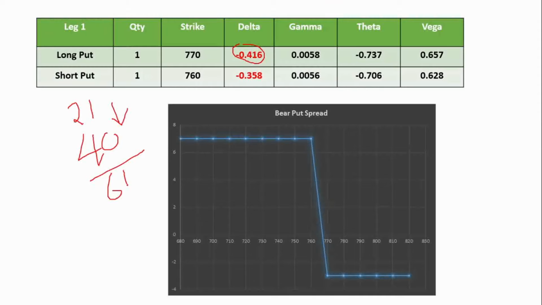So when the stock moves to 679, delta also changes. Delta will not be at the same value, minus 0.416. Probably it will be around 0.90, because the price will be in the money, right? So gamma captures the rate of change in delta itself.